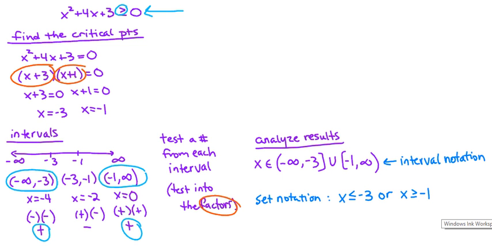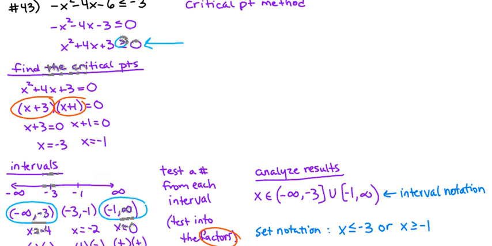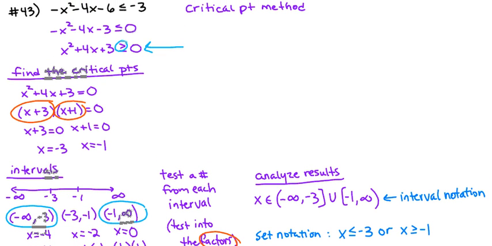And one last thing is I would like to make a graphical connection so that you can see a different way this problem could be solved, or just a way to check for reasonableness. So if we go back to our expression, x squared plus 4x plus 3, and we make that into a quadratic function, f of x equals x squared plus 4x plus 3, we know that's a parabola.